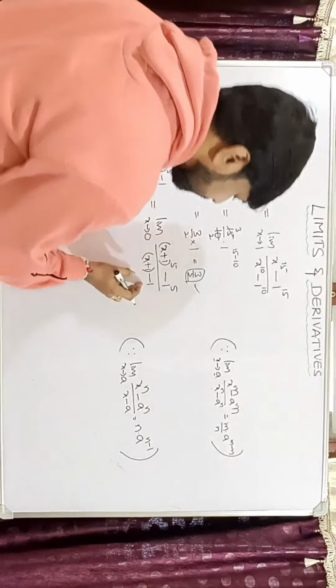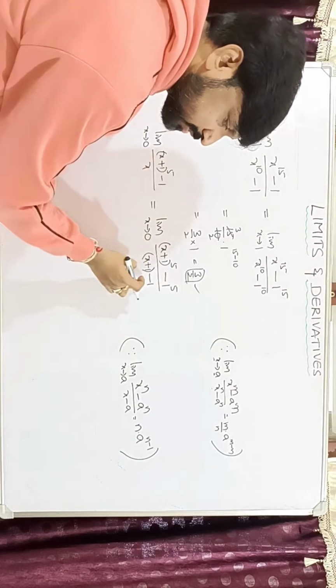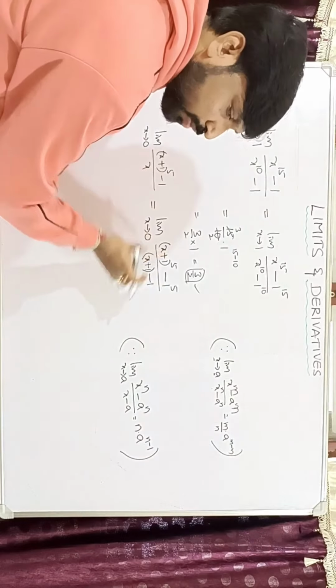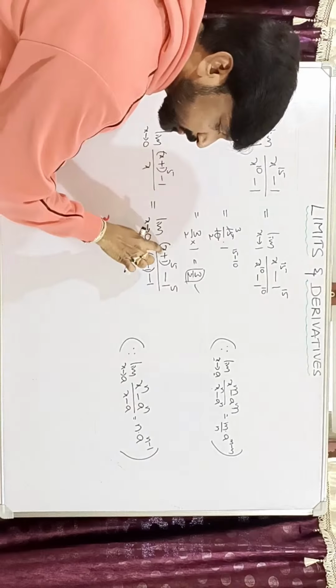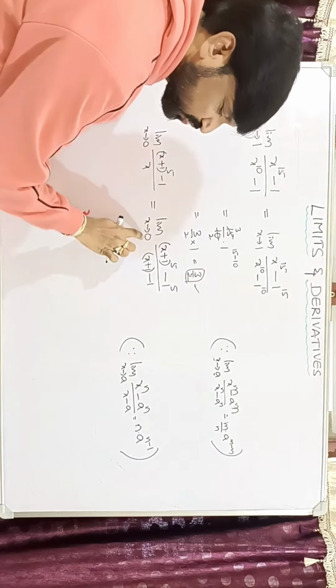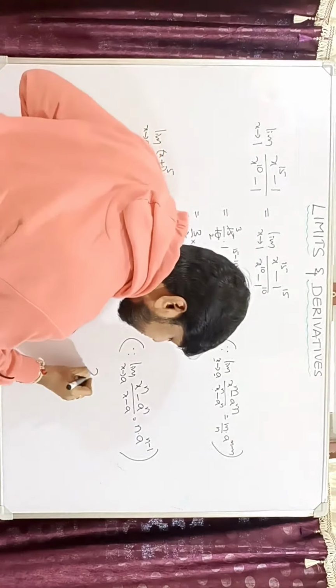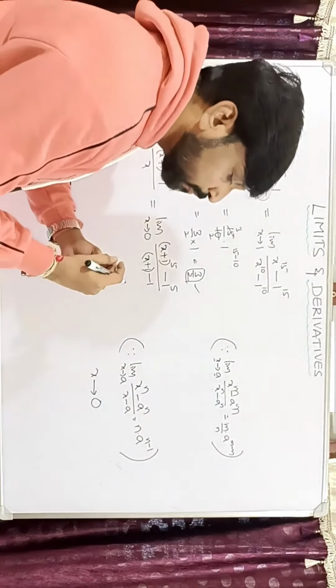So if you see, the powers are the same, and the minus sign is there. But as x tends to 0 is there, in the denominator x plus 1 is required, and here also 1 is required. So as x tends to 0, this can be written by adding 1 on both sides.